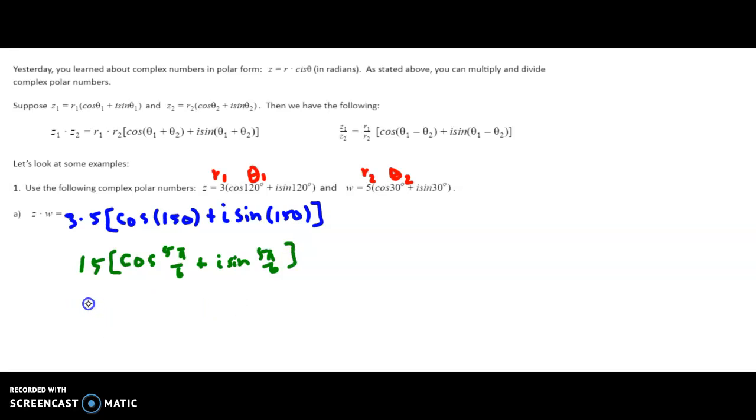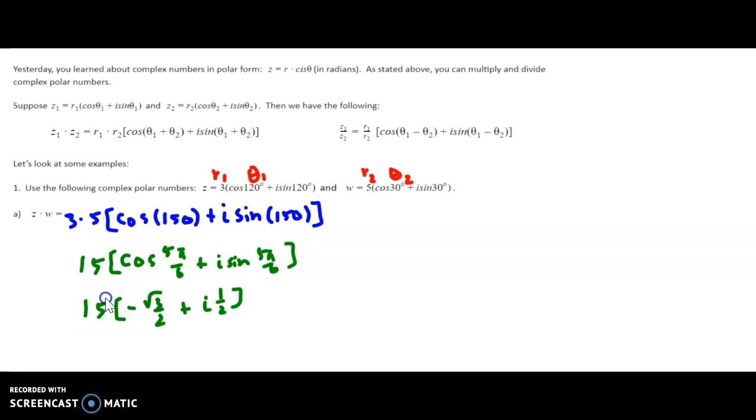And then again, we keep evaluating. Cosine of 5 pi over 6, we know that's going to be negative root 3 over 2 plus i times sine of 5 pi over 6, which is 1/2. So that's what we have so far.